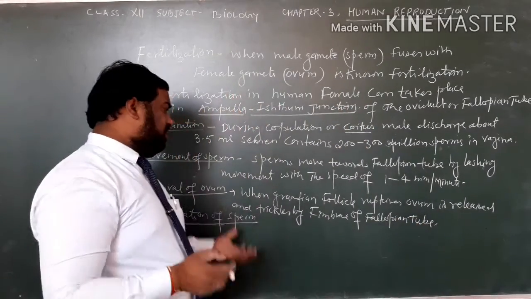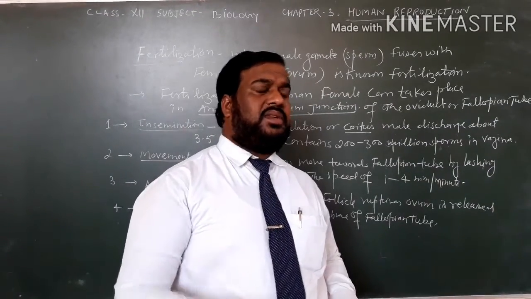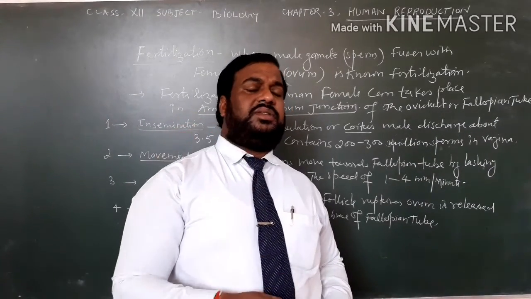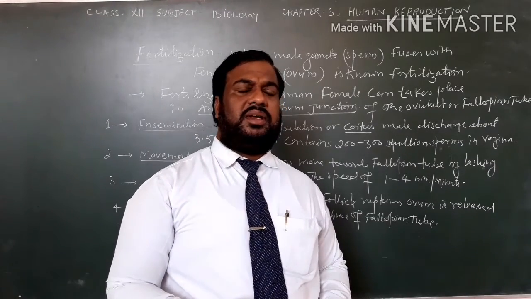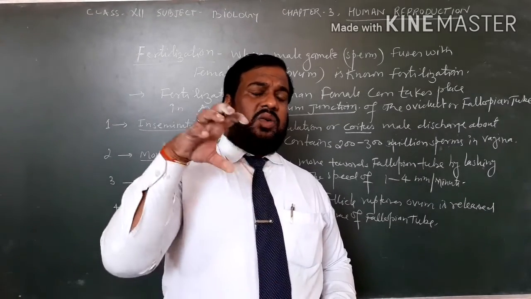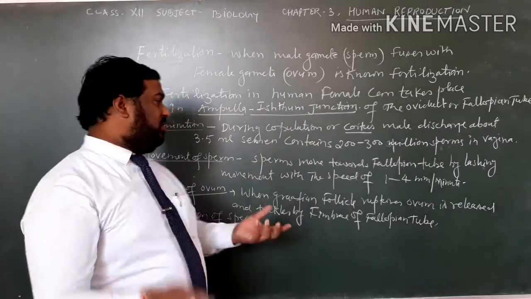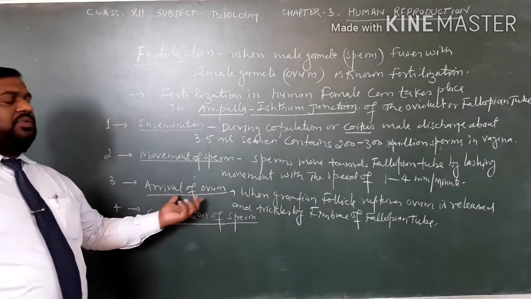Now student, the ovum can survive 72 hours in a fallopian tube but has the ability to fertilize only during 24 hours. So this is about arrival of ovum.